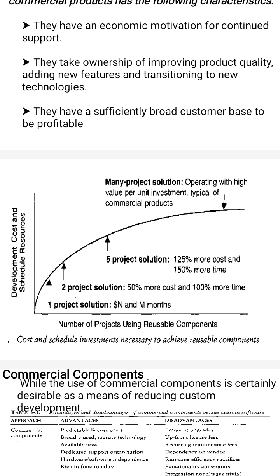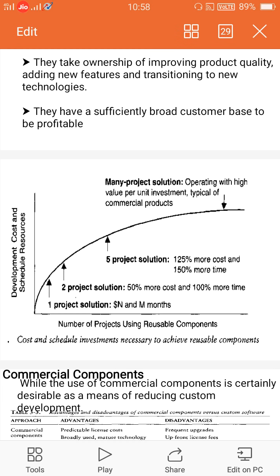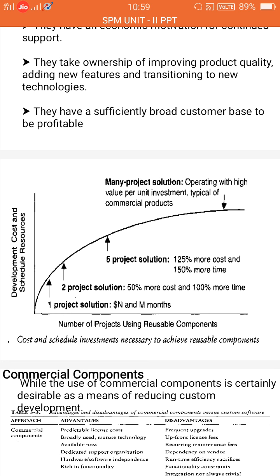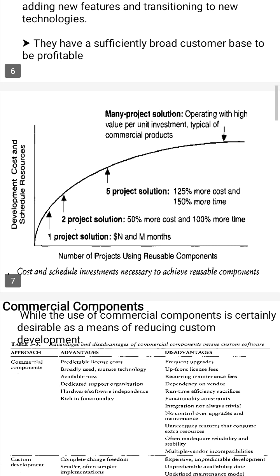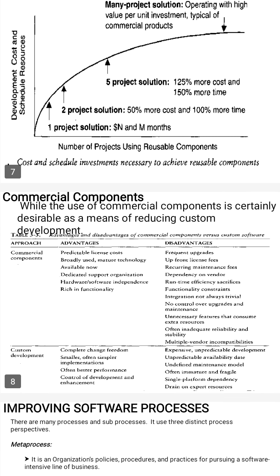Similarly, the programs utilized in the project 1 solution are reusable in project 2, and so on. By using reusable components we can improve the economics and also reduce the time of the product.